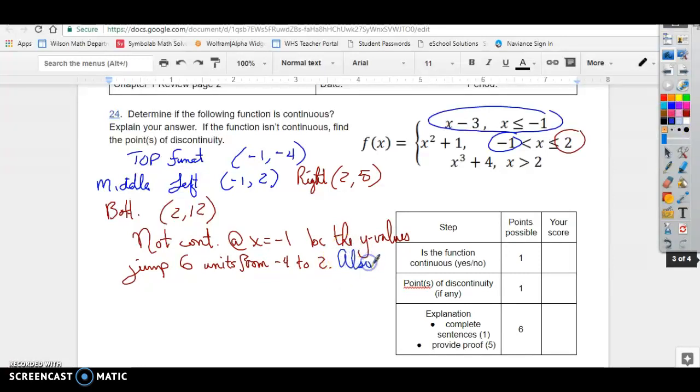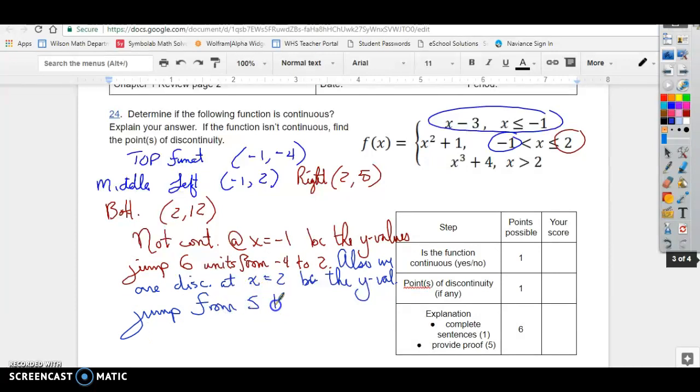Also, we are discontinuous at x equals 2 because again the y values jump from 5 to 12. So that would be 7 units this time. Okay? And that's all you would have to do for 24.